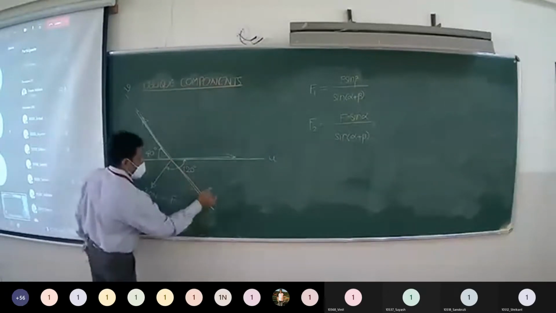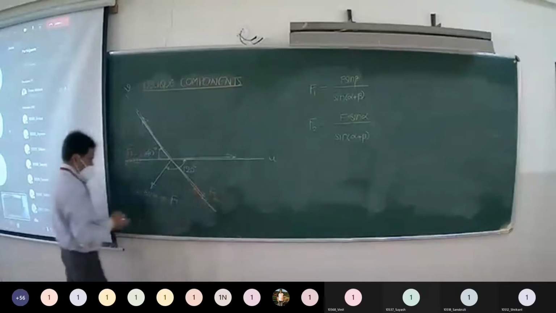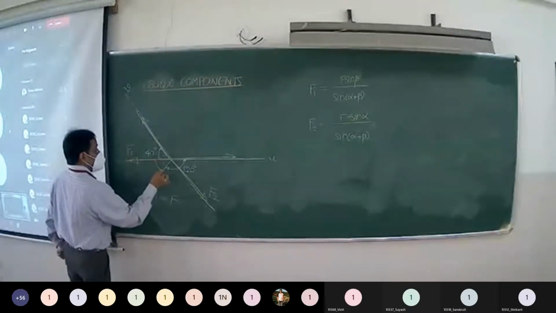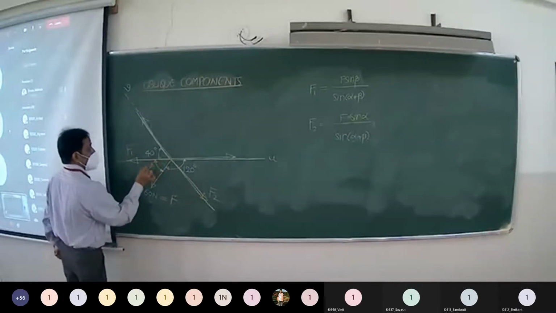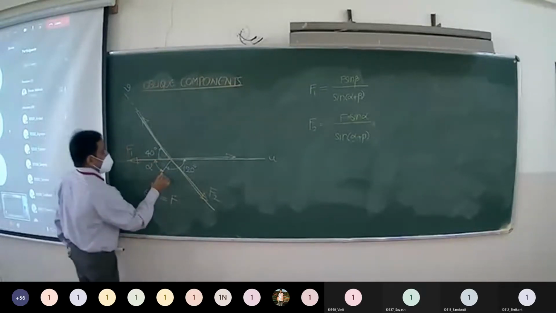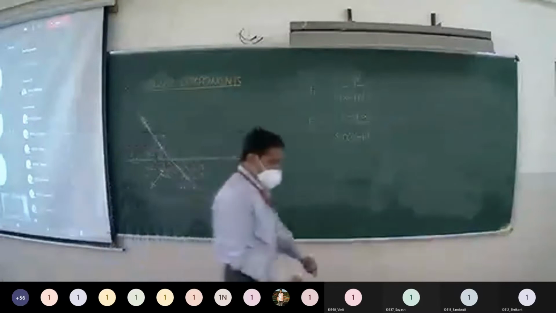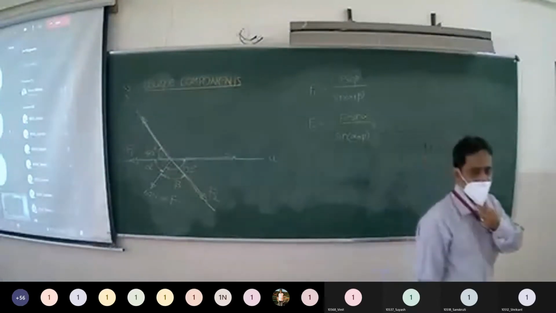The component along V is F2. Alpha is the angle between F and F1. Beta is the angle between F and F2. These notations are very important.